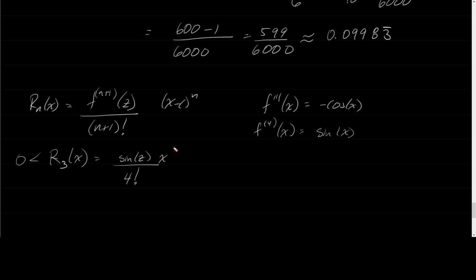So we have x to the n here, which is now 3. All right, this should be to the 4th, because this should say plus 1 here.